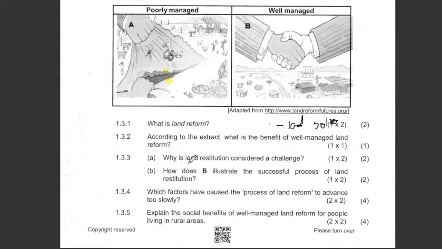Why is land restitution considered to be a challenge? We check there and see how it is a challenge. We go back here.